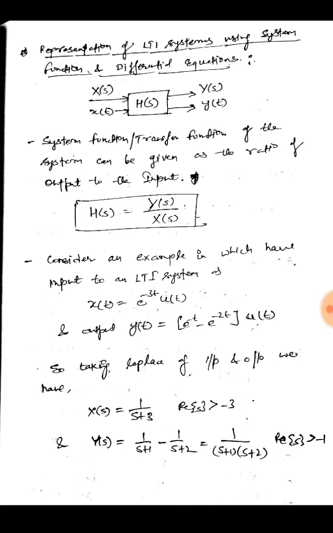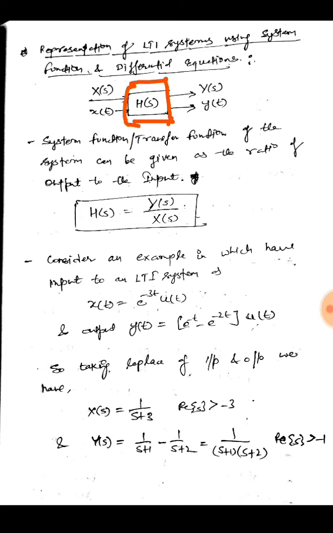So system function is same as that of transfer function. For continuous time system it is called transfer function, and for discrete time system it can be termed as system function, but both are the same things. So if we have a transfer function for a system as Hs, which is the system response or impulse response of the systems.